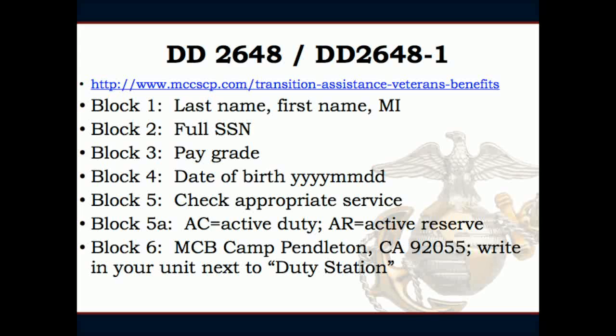In block 2, enter your full Social Security number with no dashes. In block 3, enter your military pay grade with no dashes. In block 4, enter your date of birth with the year, month, and day format. Here's an example of what those 4 blocks should look like.